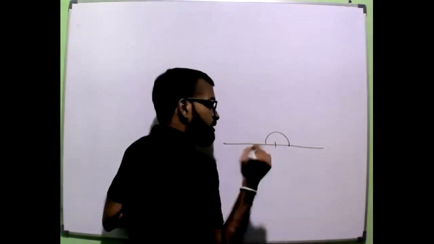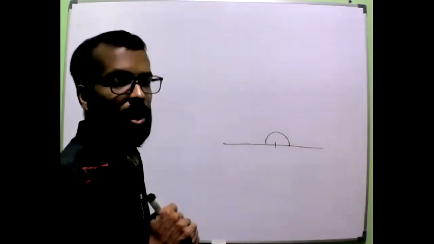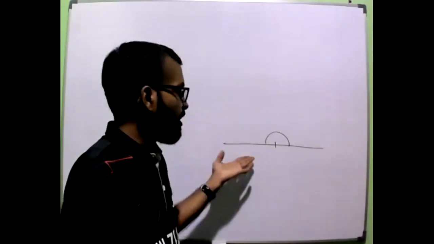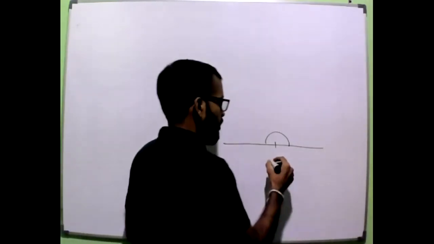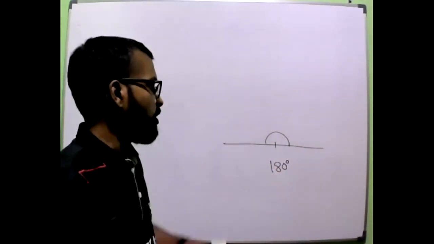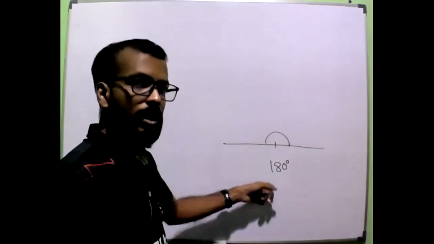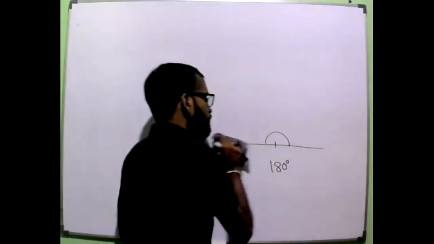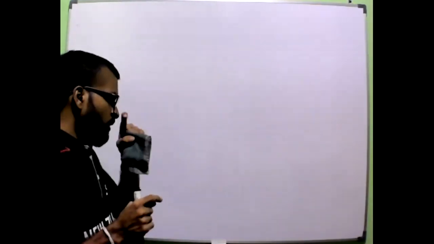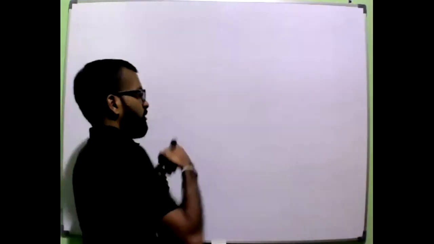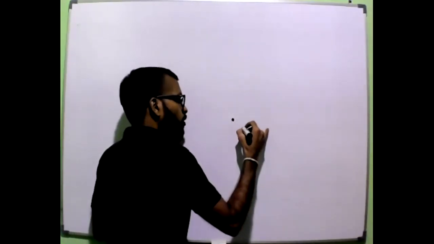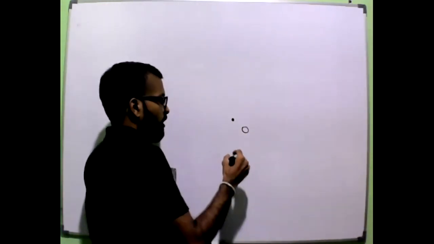When you hear the word straight line, or when you see a straight line like this, you need to remember 180 degrees. Now we are going to discuss angles around a point. So this is my point. I will call it O.